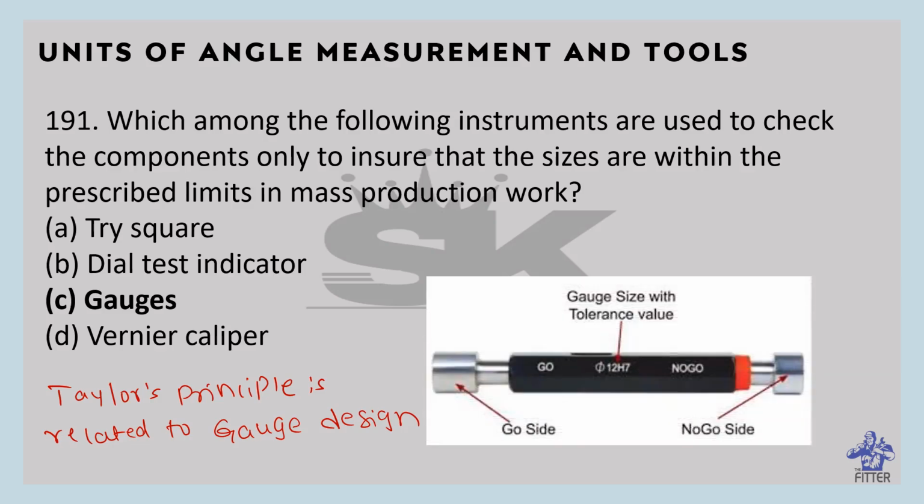I am showing you here the go and no-go gauges. Here you can observe the left side is go side, the right side is no-go side, and in between they mention gauge size with tolerance value.